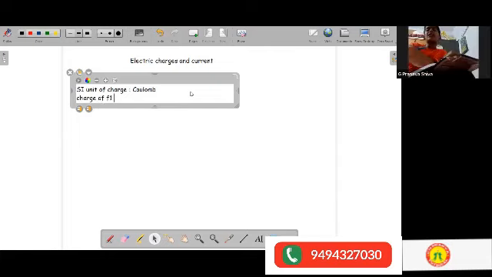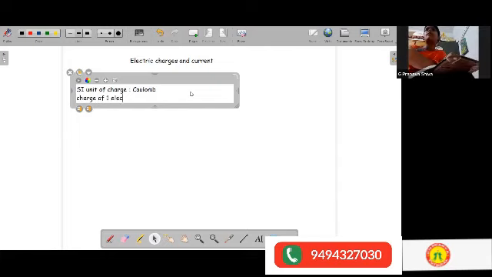So the SI unit is Coulomb. Then the next question: how much charge is there on one electron? Minus 1.6 multiplied by 10 power minus 19. Very good. So everyone should remember this.